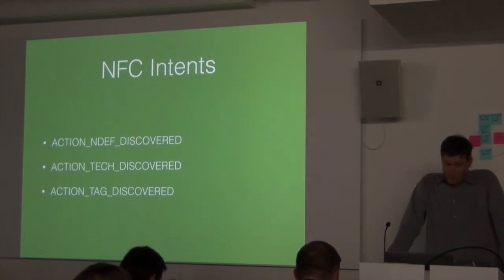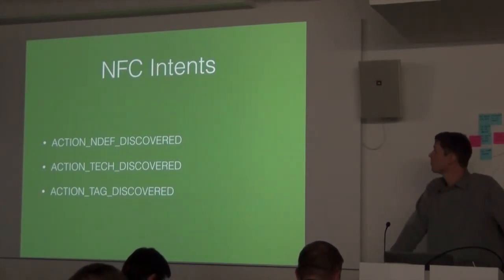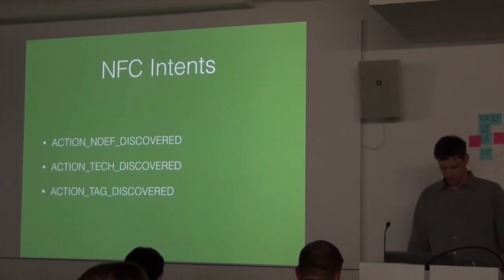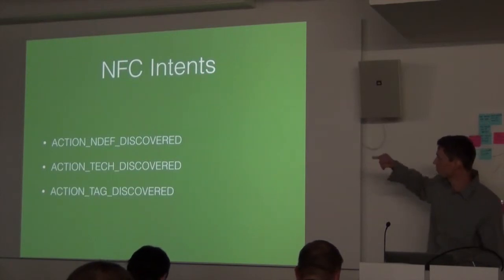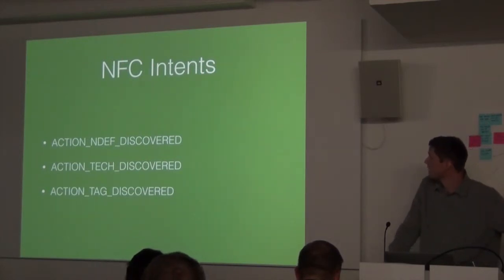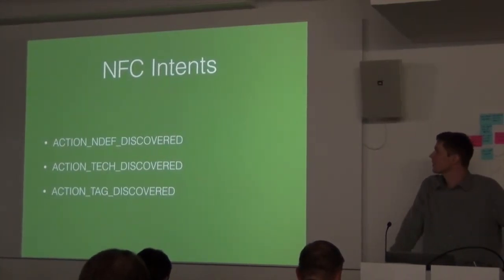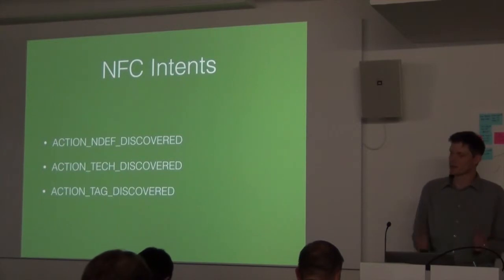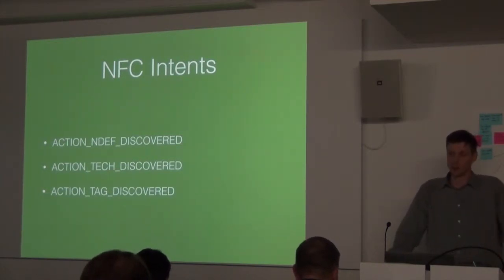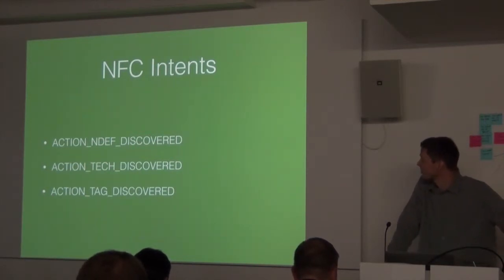So when a device reads an NFC tag, 3 possible intents are pushed out. This is in order of priority. First, an action NDEF discovered is sent out. Kind of like how any Android app can declare that they're able to handle an intent, this is the same thing.